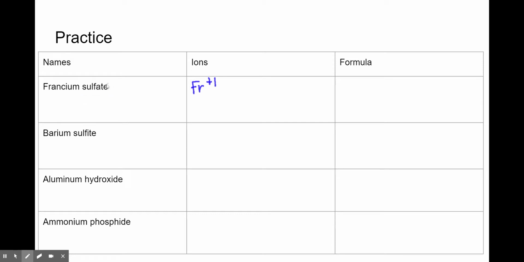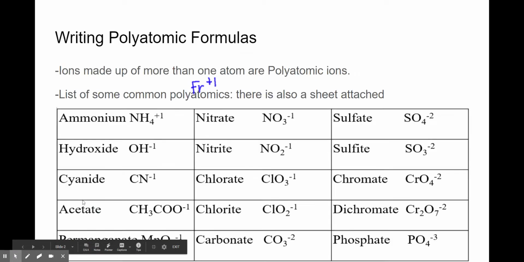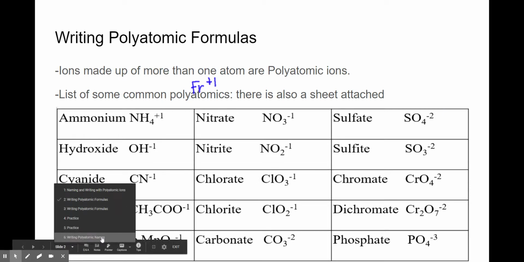Then I need to find my sulfate. Now, sulfate is not found on the periodic table, so we have to look at our list of polyatomic formulas. Sulfate is the SO4, and it's to the -2.